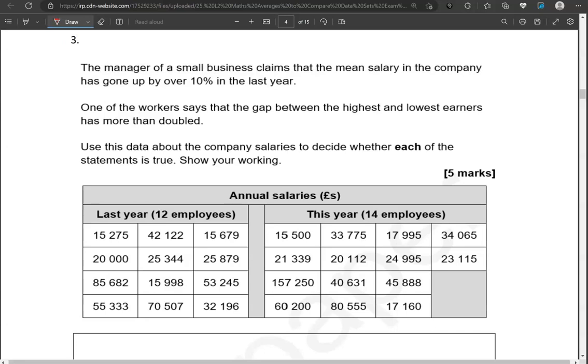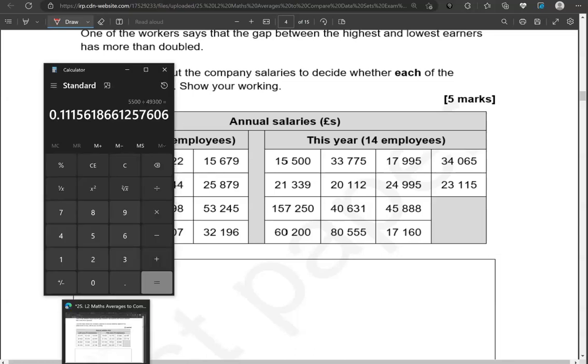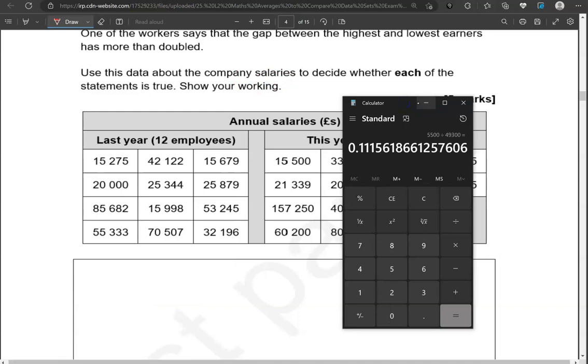Let's start with the mean. So we'll work out the mean for last year and this year. So we can add all of these numbers for last year.